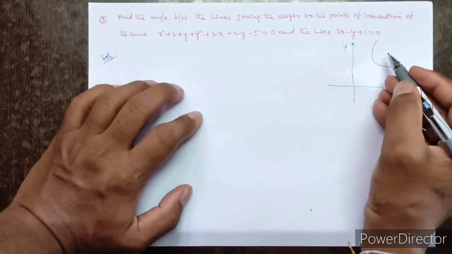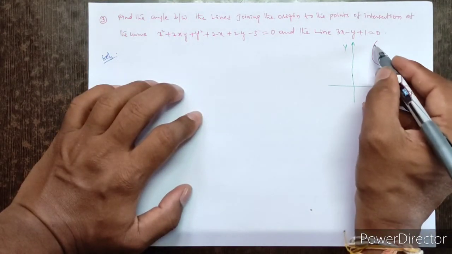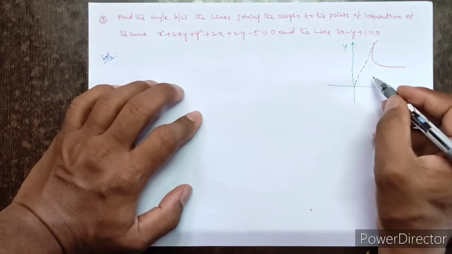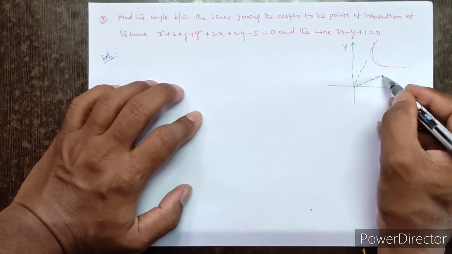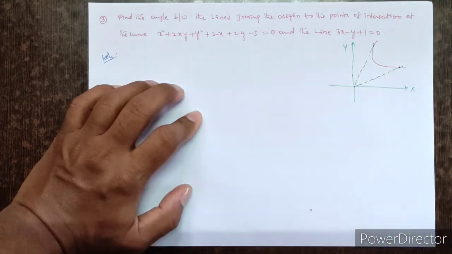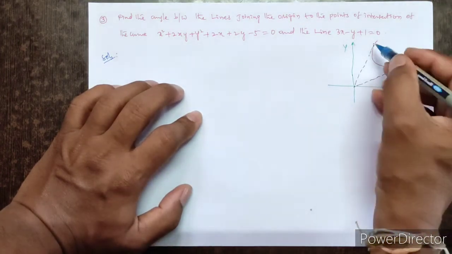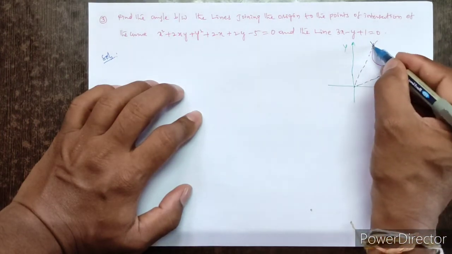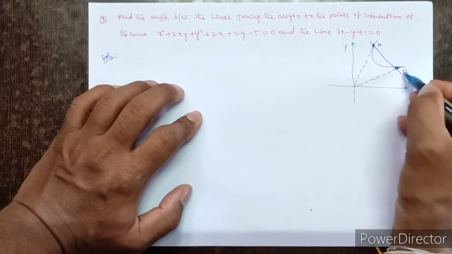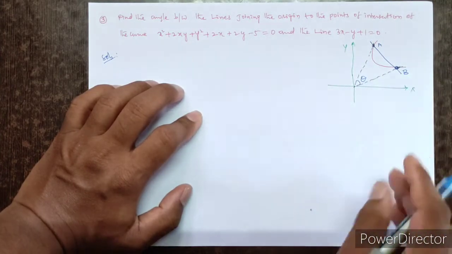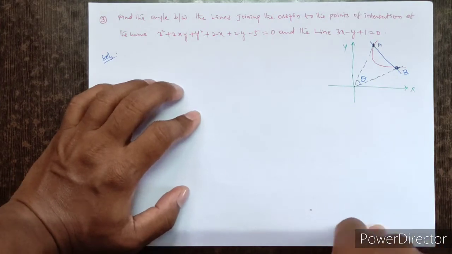These are the lines joining the origin to the points of intersection. This is A, this is B. So this is the angle between the lines, theta.